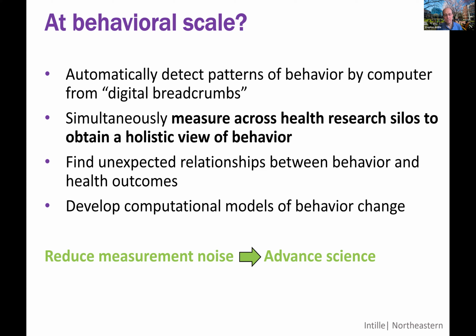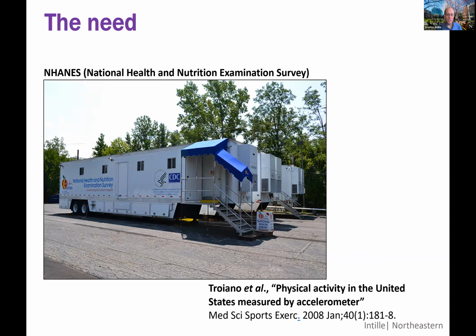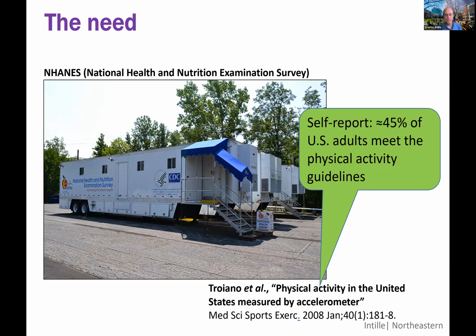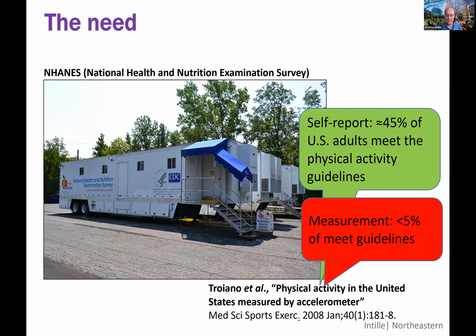And I'm interested in developing computational models of behavior change, with the goal of reducing the measurement noise to advance science. And there's definitely a need for this, because if you look at the NHANES study, which is really one of our best views into behavior in the United States as it relates to health, and you look at self-report data for whether US adults meet the physical activity guidelines, you'll see that about 45% of the people might meet that.